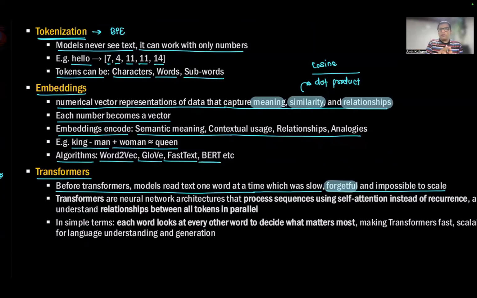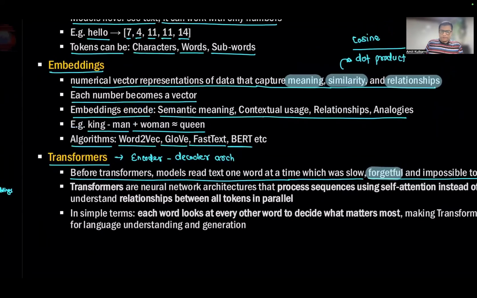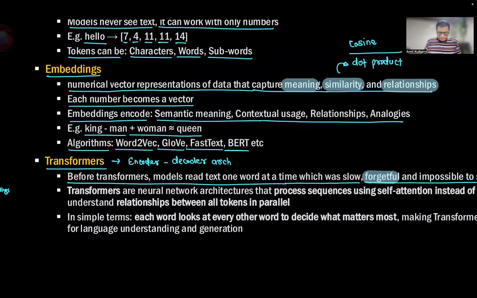2017, the research paper created by Vaswani and team from Google. They changed the entire world, where they introduced this architecture called the transformer, an encoder-decoder architecture. And this encoder-decoder architecture is what we are going to write from scratch next week, next Monday.